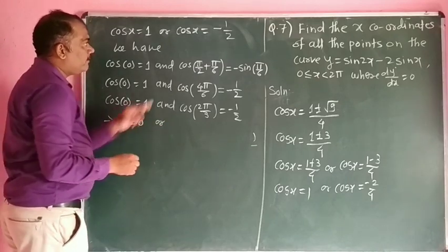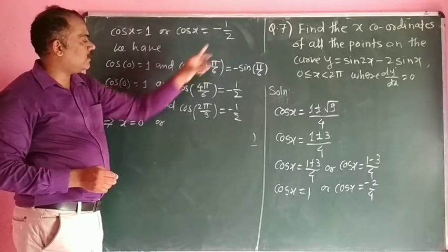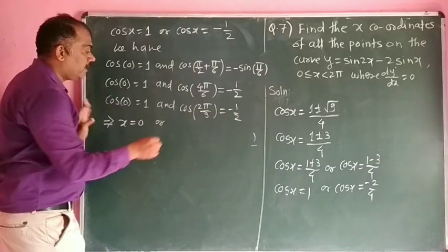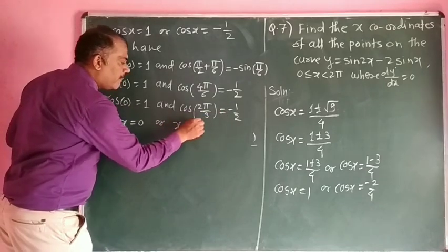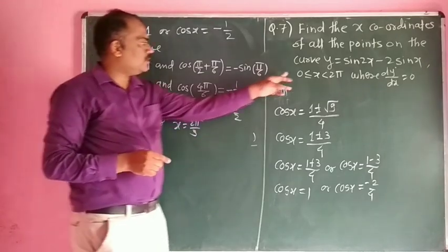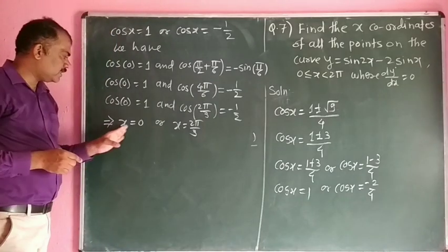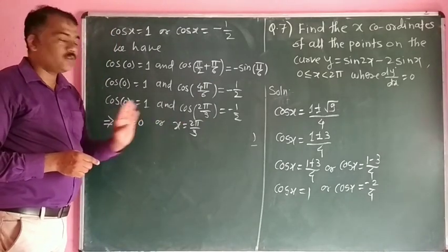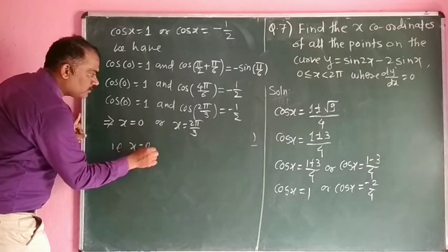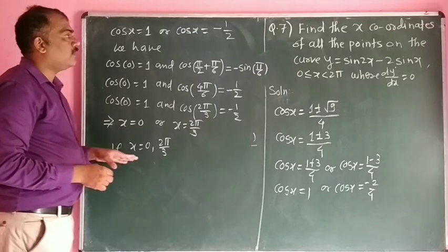Or if you compare these two, cos x is equal to minus 1 by 2, cos of 2 pi by 3 is equal to minus 1 by 2, we get x is equal to 2 pi by 3. As x lies between 0 less than or equal to x, strictly less than 2 pi, we have x is equal to 0 or x is equal to 2 pi by 3. That is, the values of x are x is equal to 0, x is equal to 2 pi by 3, which is the required answer.